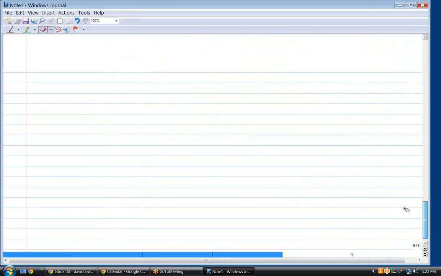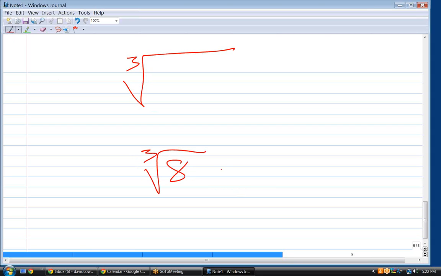Give it to me again. I didn't write it quite. So it was the 3rd power and then... You meant this. Yeah. Okay? That's the 3rd root, or the cube root. And let's talk about that for a second. If I say the cube root of 8, that's the same thing as saying 8 to the 1/3 power.